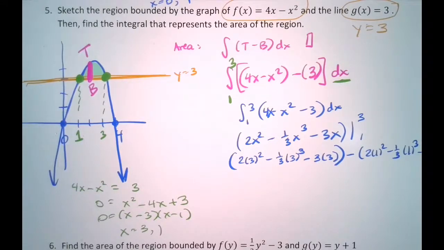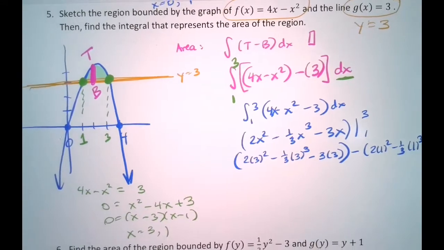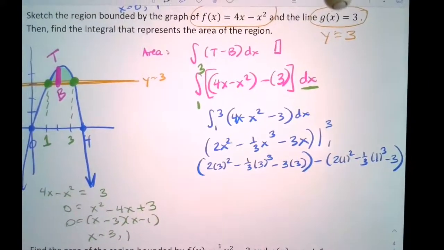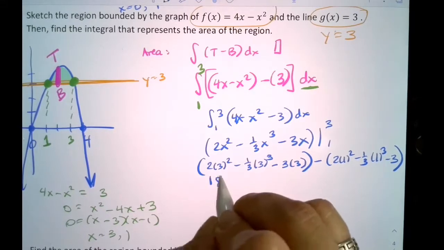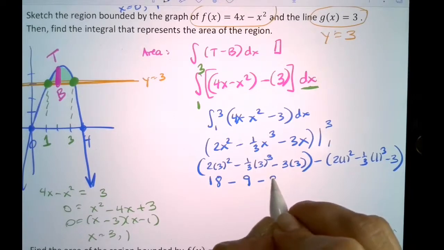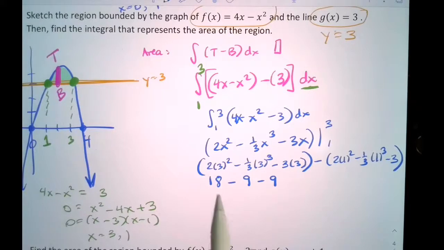Let me move this over a smidge. And then I'll get to work on this. So let's see. That's going to be 18. 27 divided by 3 is 9. Minus 9. So that's kind of weird. This whole thing is 0, which is kind of strange.